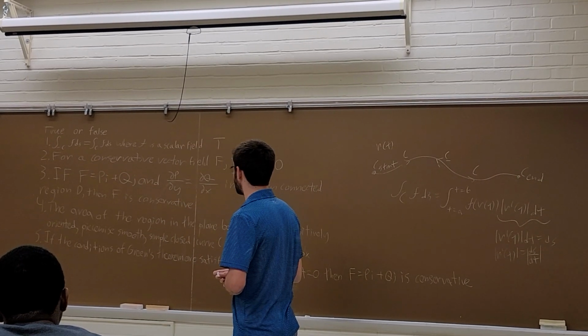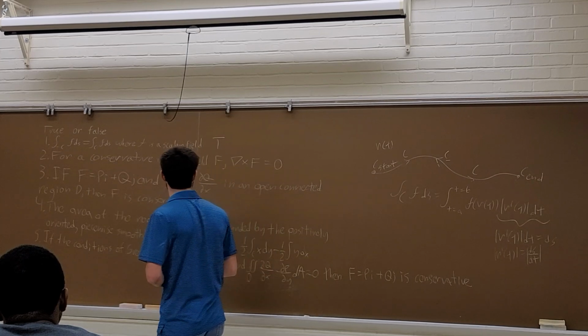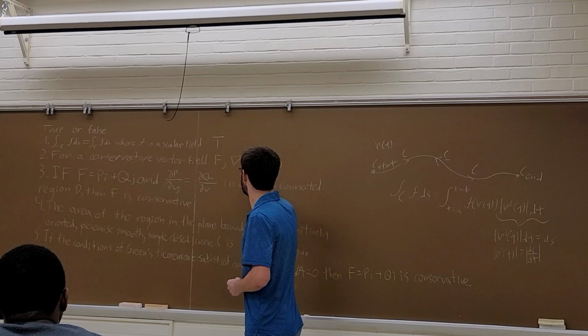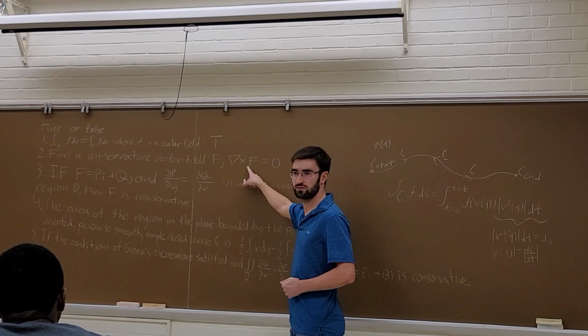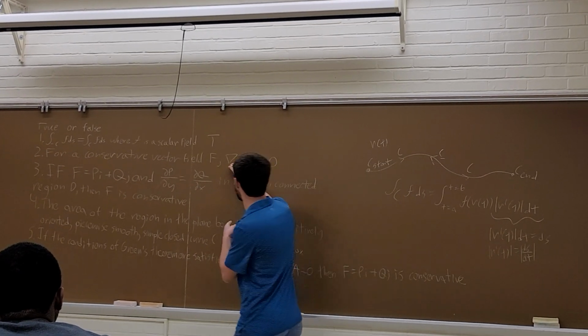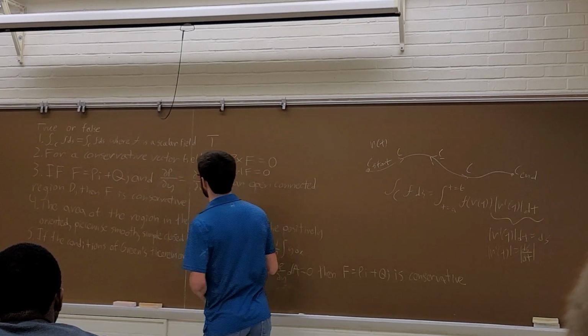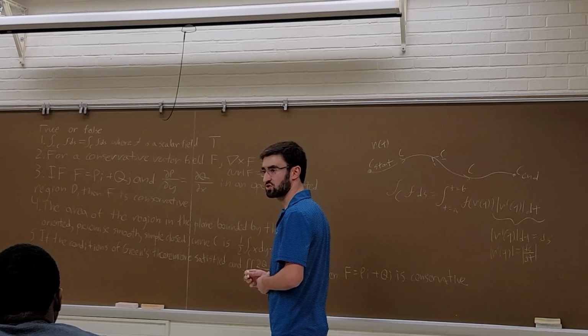Okay, so for our next one here, we have for our conservative vector field F, so does anyone know what this operation is called? Curl. Yeah, so this is saying the curl of F is equal to 0. And yes, that actually is true.